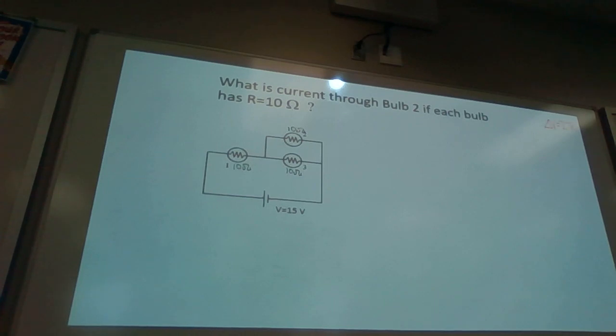Get a piece of paper and redraw the circuit. Each one is 10 ohms. Find the equivalent, the total resistance.